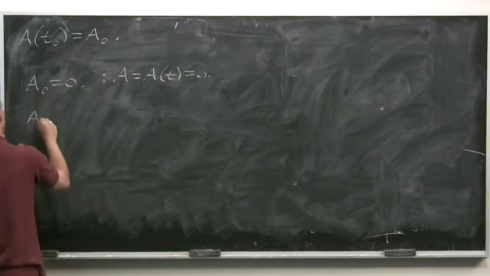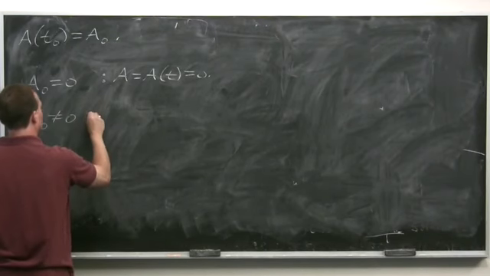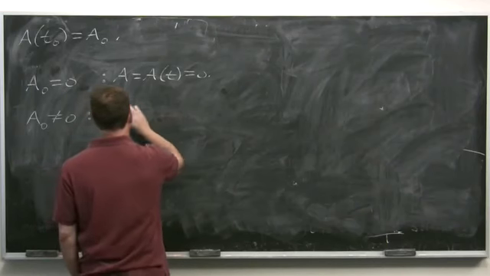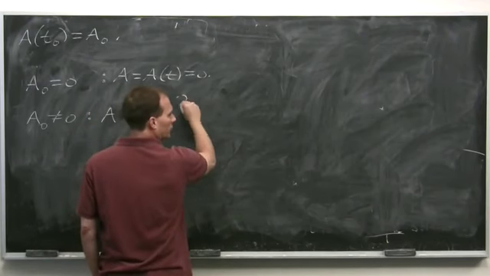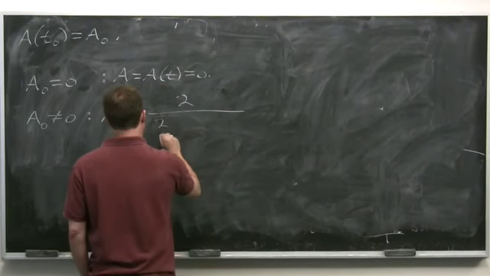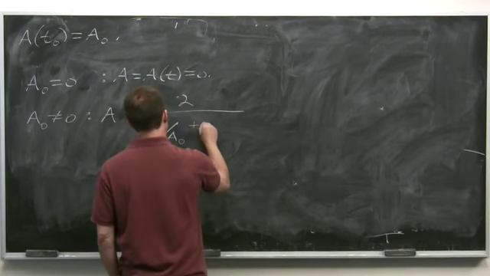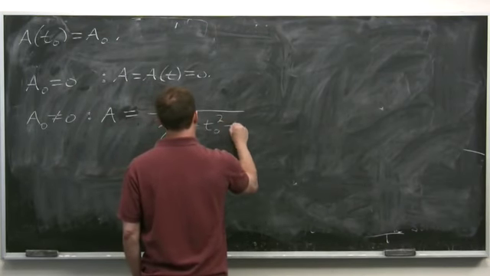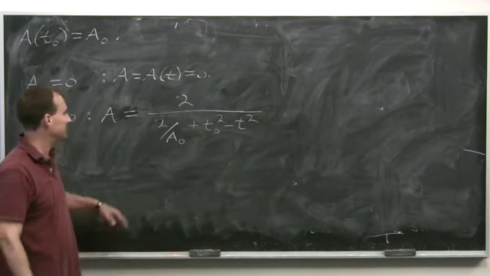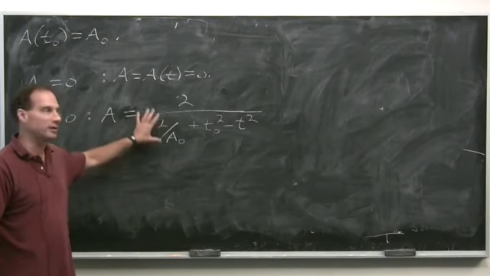If A0 was not 0, we found that the general solution was 2 over A0 plus T0 squared minus T squared. Now, first of all, this is aesthetically unpleasing, this fraction in the denominator of this fraction.